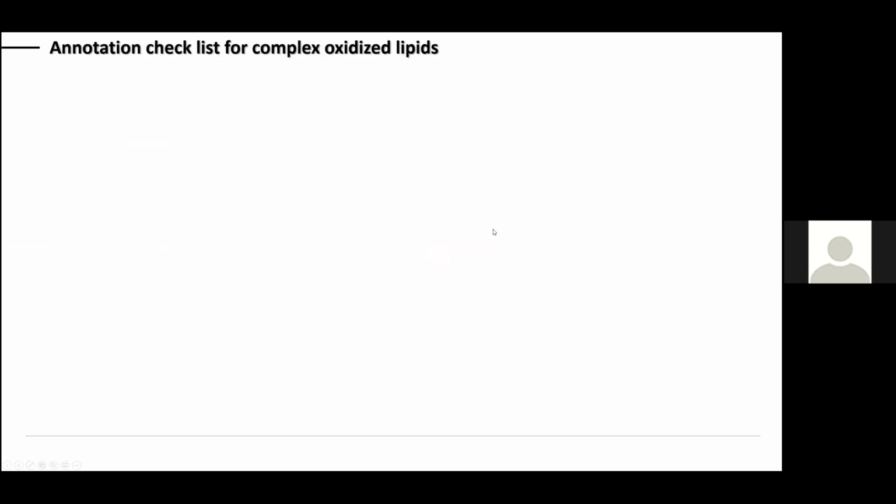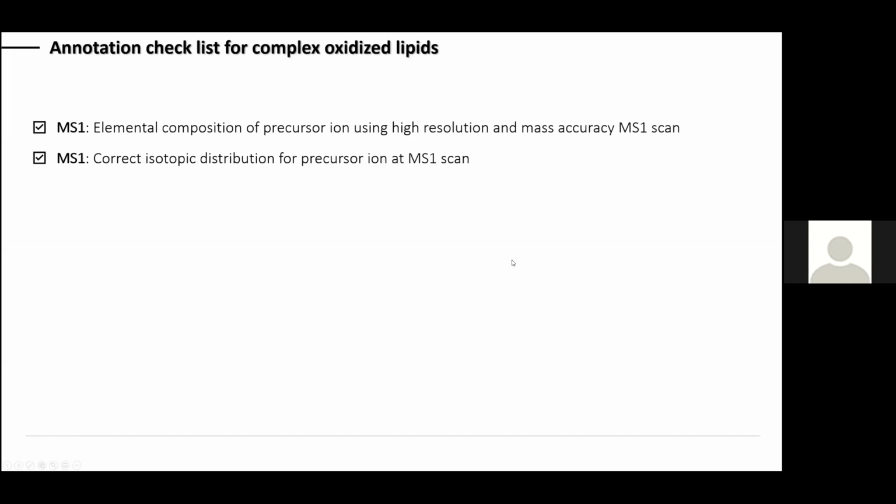So the whole process of confirmation for those lipids goes according to this annotation checklist. We check the elemental composition of the proposed precursor using high resolution mass spectrometry. We always check in the complex data set that it's really the monoisotopic mass of our lipid of interest, and that we don't have any isotopic overlaps.